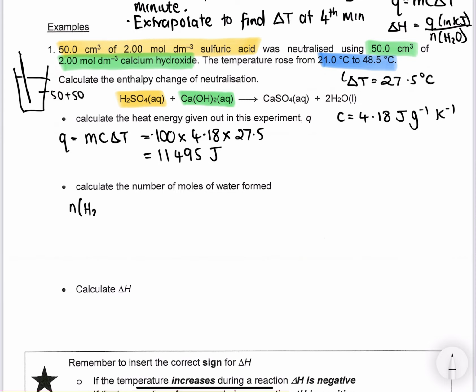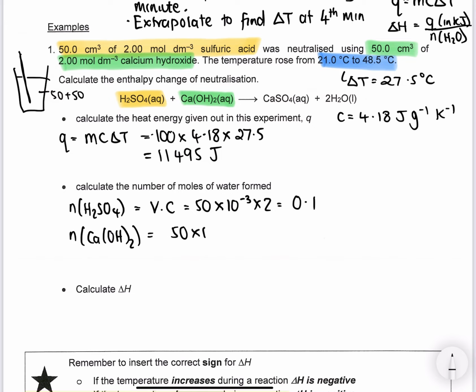The first thing we need to do is calculate the number of moles of the acid. 50 centimetres cubed, 2 mole per decimetre cubed, so that's 0.1. Then if we look at the moles of the calcium hydroxide, that is also 50 centimetres cubed of 2 molar, which is also 0.1.